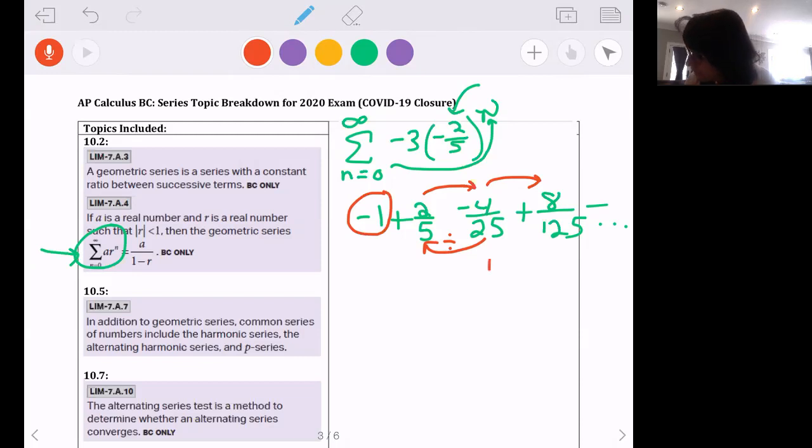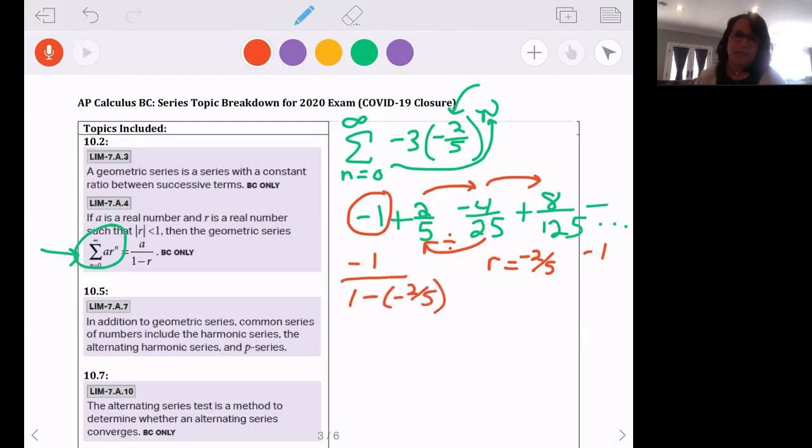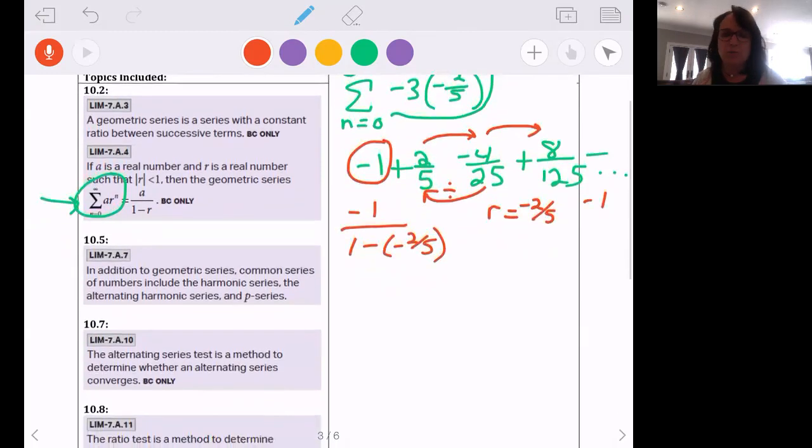So in this one, my r is -2/5, and my a is -1, so the sum of this convergent geometric series would be -1 over 1 minus the common ratio. You could leave that because it's numerically equivalent and we're not going to have multiple choice anymore, but sometimes if you need a number for it, get a number for it.